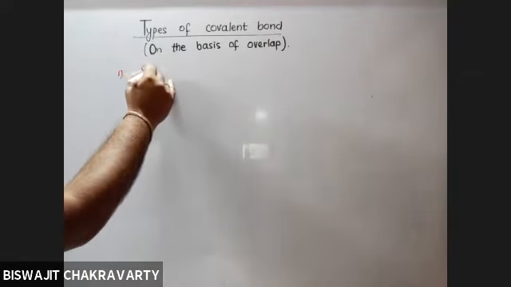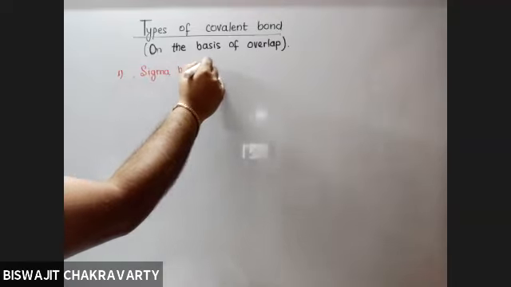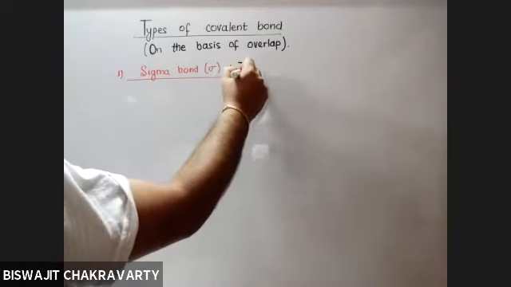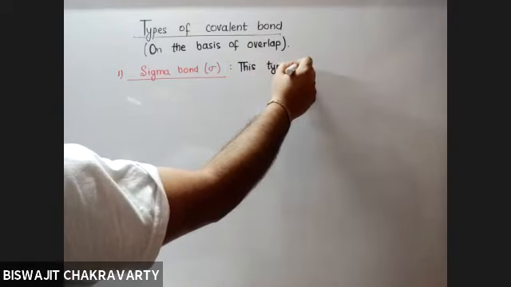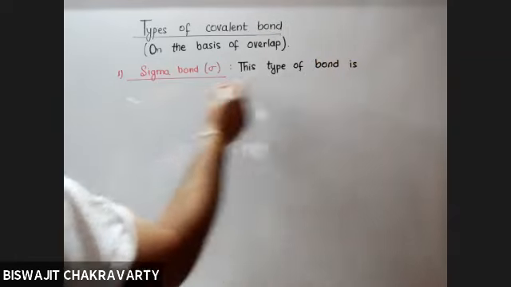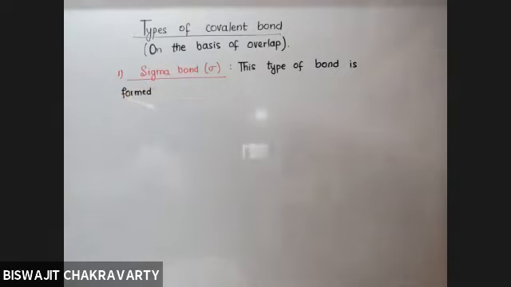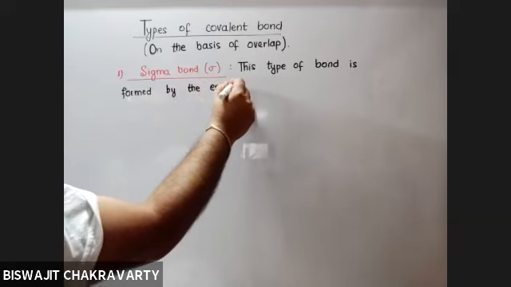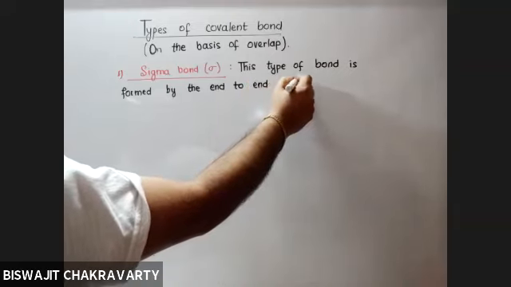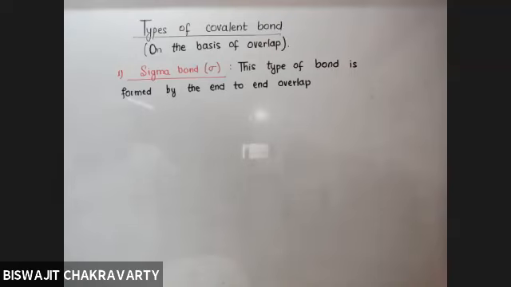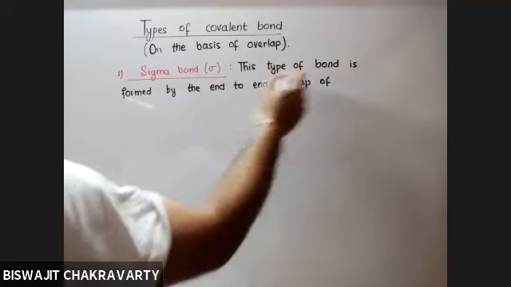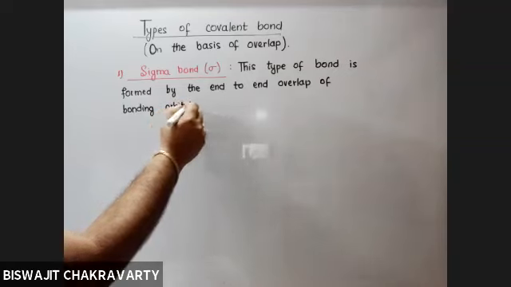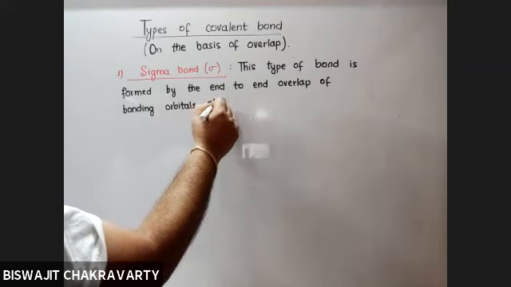So type 1 is called sigma bond. This type of bond is formed by the end-to-end overlap of bonding orbitals along the internuclear axis.